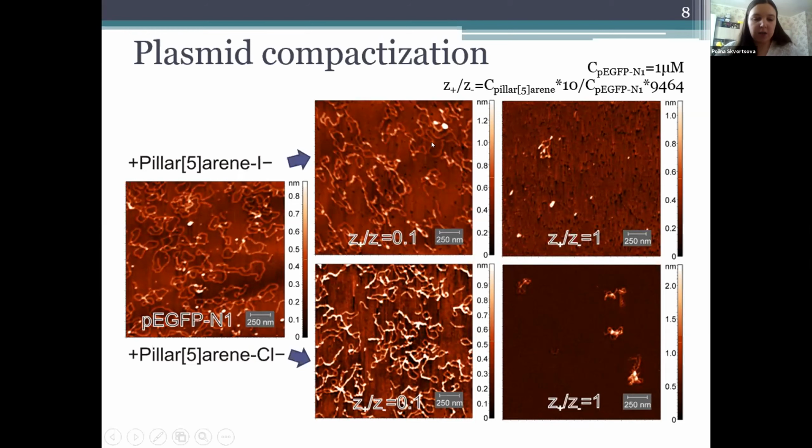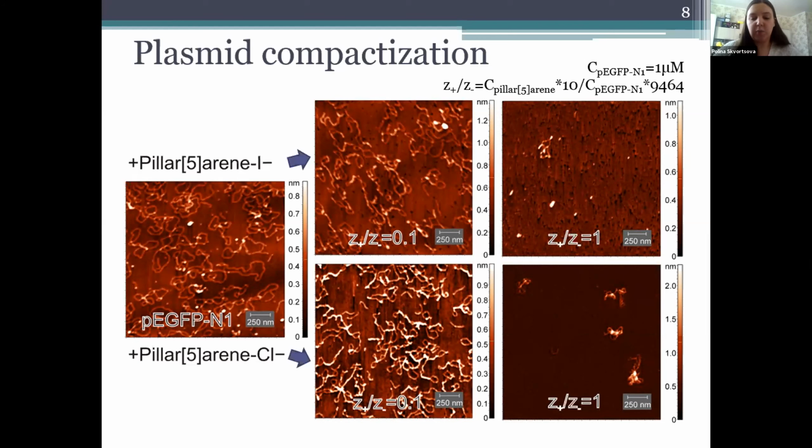As can be seen from the figures in the center, upon addition of pyrrolurines at charge ratio 0.1, there are no significant morphological changes. However, an increase in the number of self-intersections of the DNA molecule is observed, which can be considered as an intermediate stage of condensation.